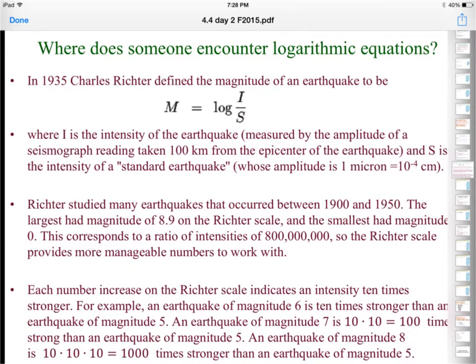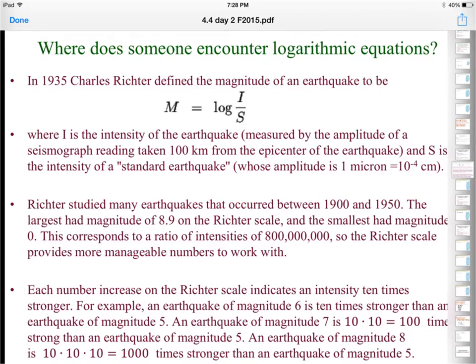Next is a slide saying a little bit about an example of where logarithmic equations are used. The example is earthquakes and the Richter scale, which is a logarithmic scale because of how powerful earthquakes are.